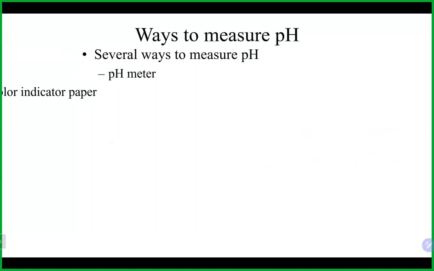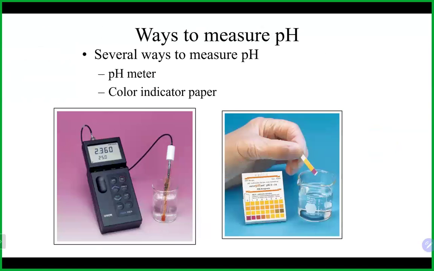Now, there are different ways to measure pH. One very common way is a pH meter. A pH meter gives you the actual pH of the solution by taking the electrode here. The electrode measures the H plus concentration in the solution, and it will give you a pH reading.